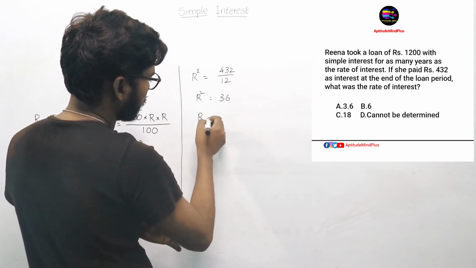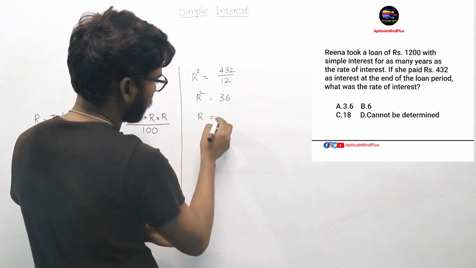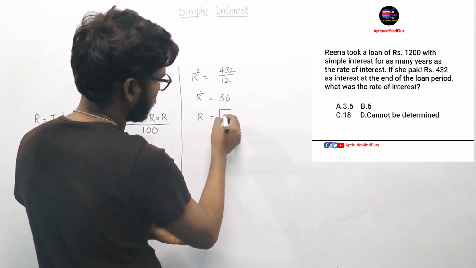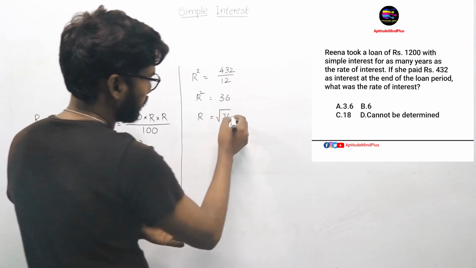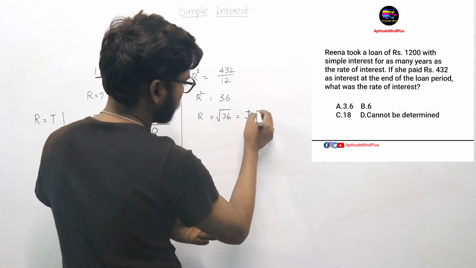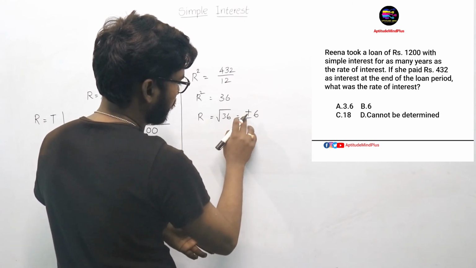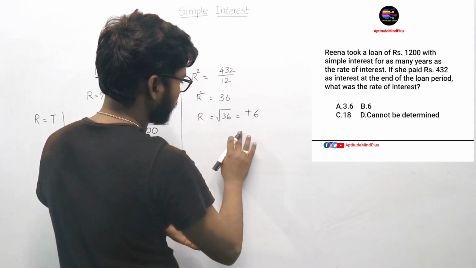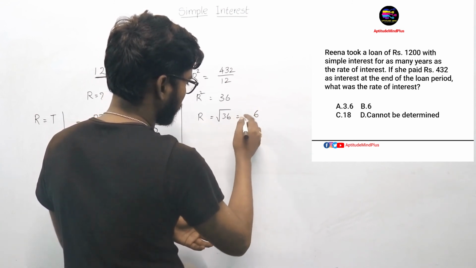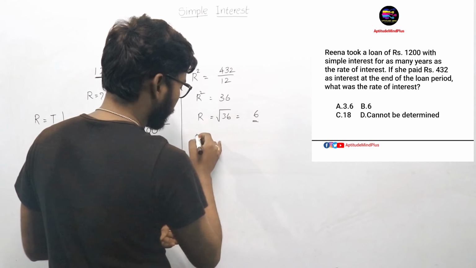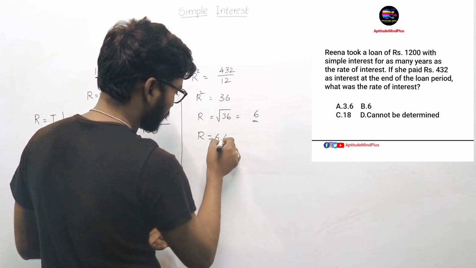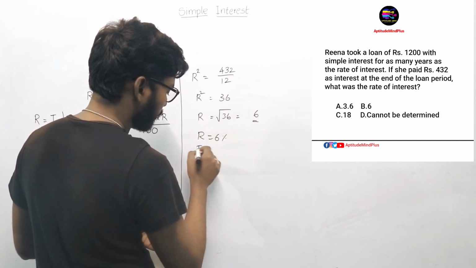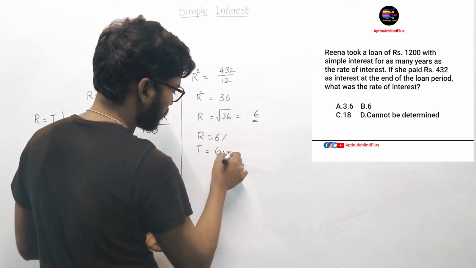Then R is equal to root of 36. That is plus or minus 6. Here we cannot take minus because years cannot be negative. So we shall take positive 6. So that means the rate is 6% and the number of years is 6 years.